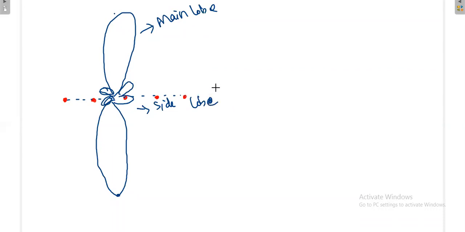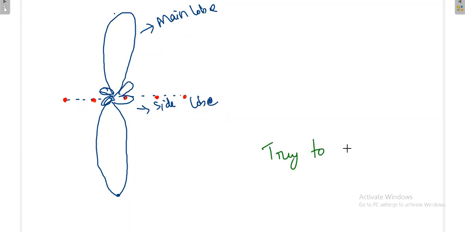But the side lobe is not used for radiation purposes because that will not go to a longer distance. So some power is wasted in the side lobe. So if you want effective communication, you have to try to eliminate the side lobes.